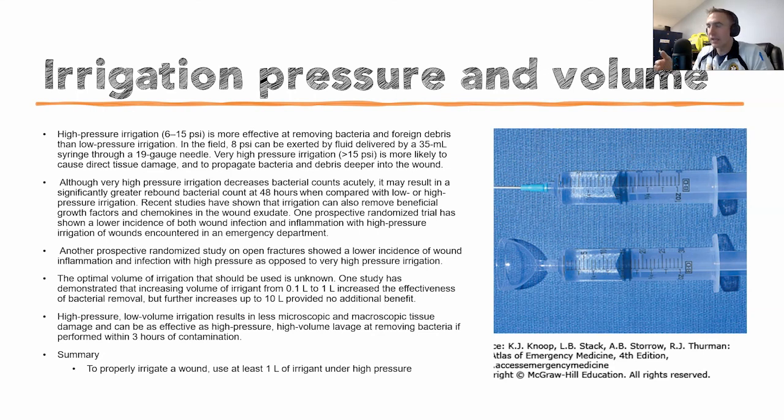I'm talking about purposeful irrigation of that wound, getting just good sterile water or saline in that wound to try to flush it out before you put a bandage on it.